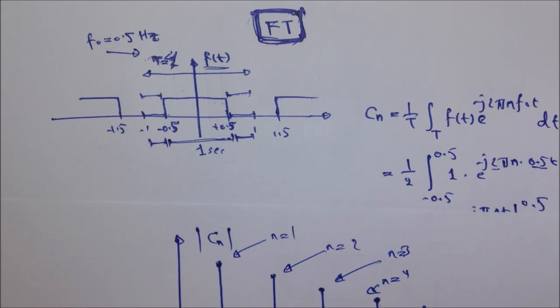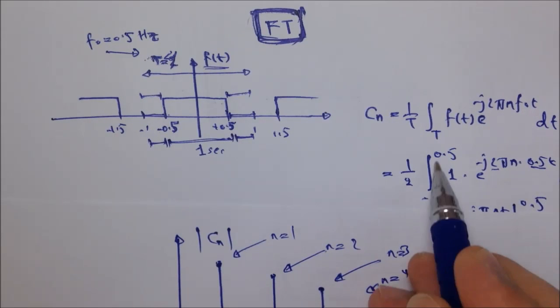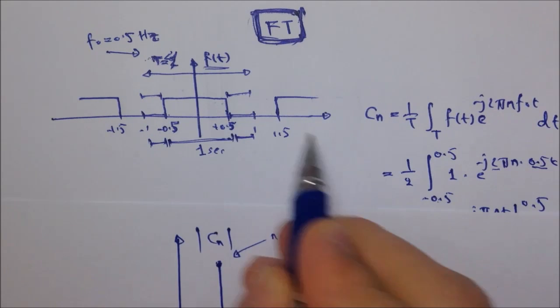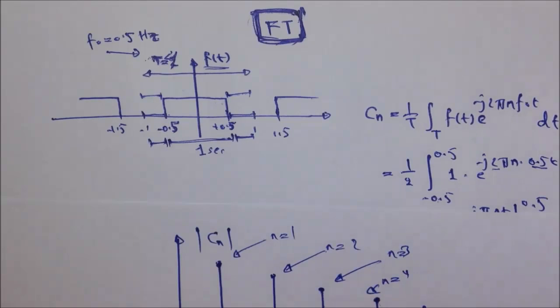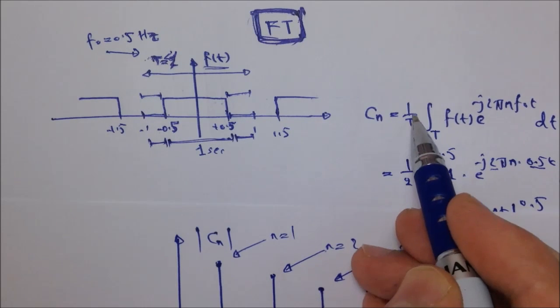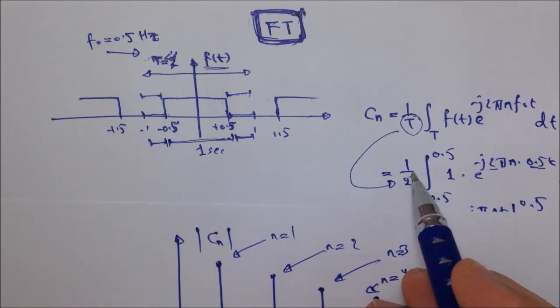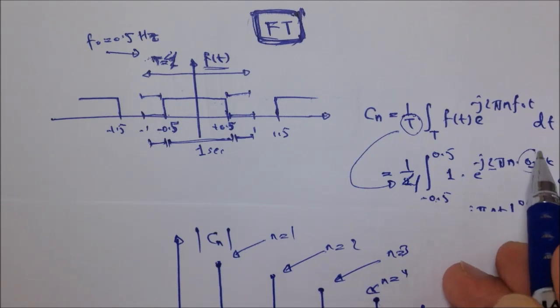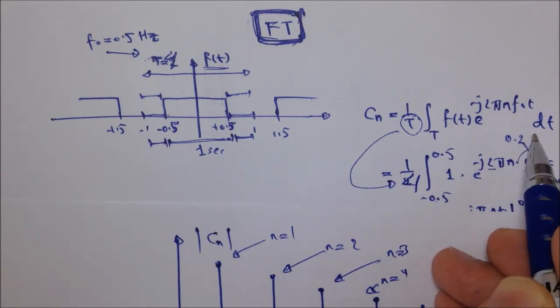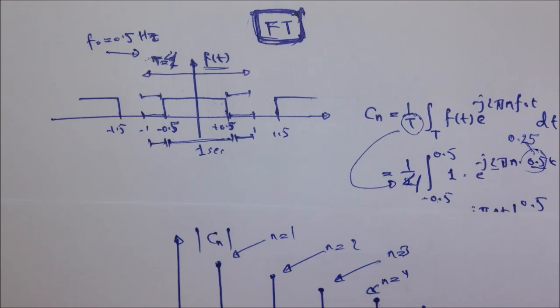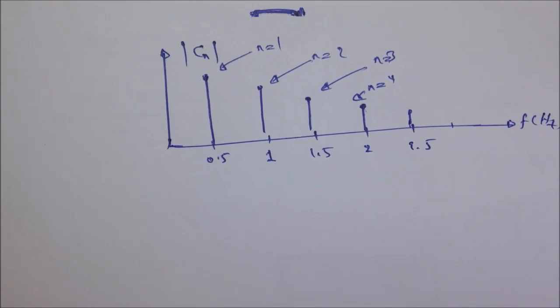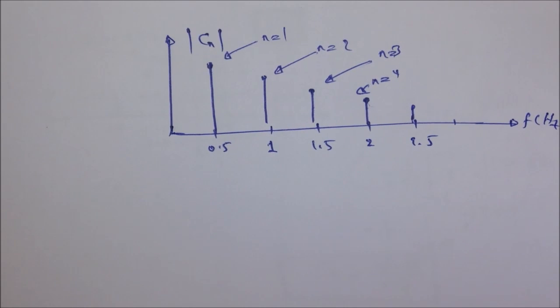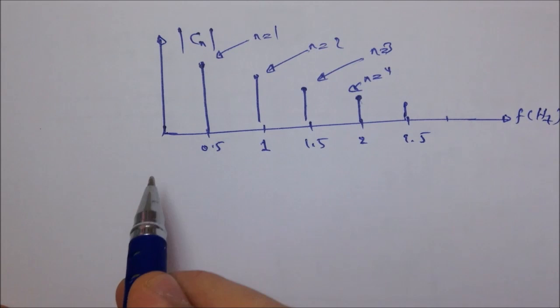So when we calculate C sub n, we still have to integrate from -0.5 to +0.5, since f of t is 0 outside this interval. However, capital T is now 4 seconds instead of 2, and fundamental frequency is now 0.25 hertz instead of 0.5 hertz. So let's see the effect of this extension of the period of the signal on the spectrum.